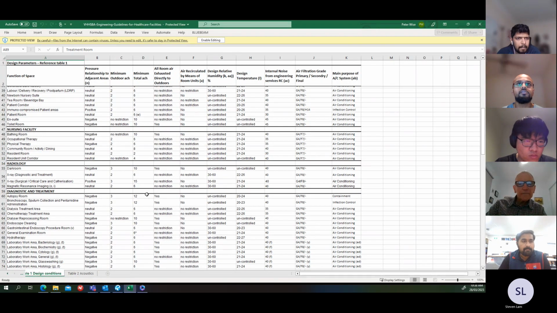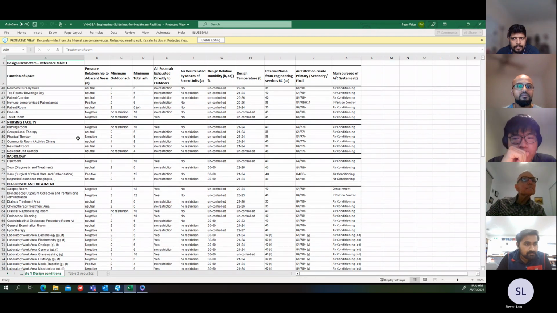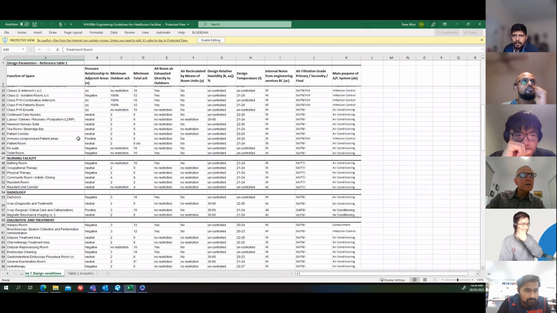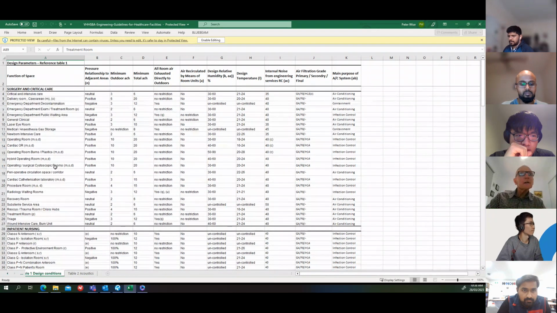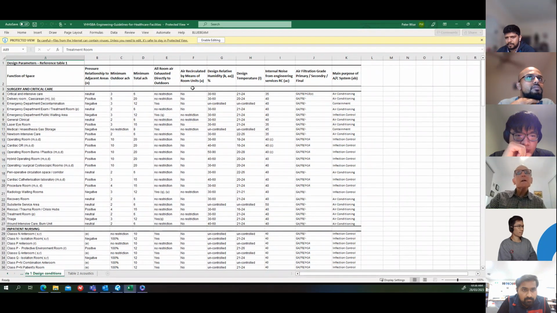See that spreadsheet okay? So as you can see, there's all these different spaces within healthcare or hospitals, pressure relationships, minimum outdoor air changes, minimum total air changes as per the supply air, all room air exhausted directly out to outdoors. That's a question, yes or no, basically.